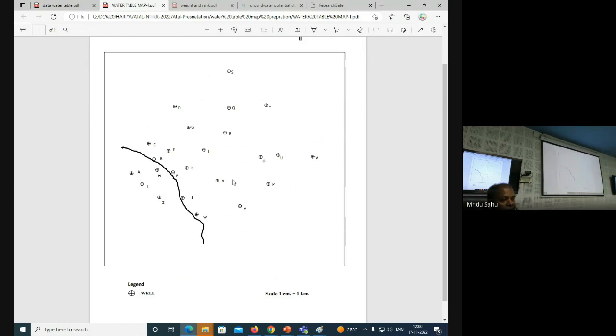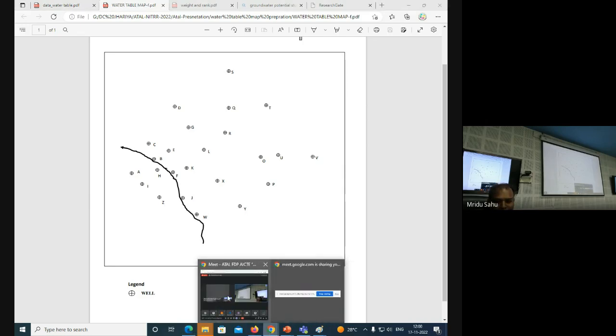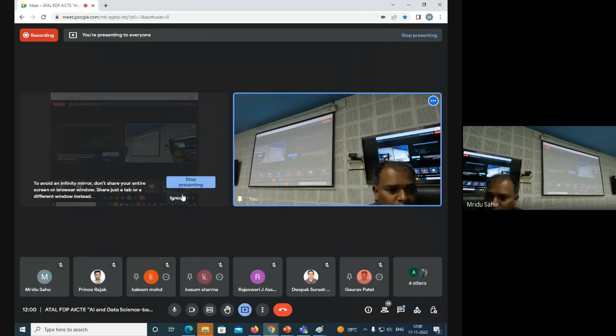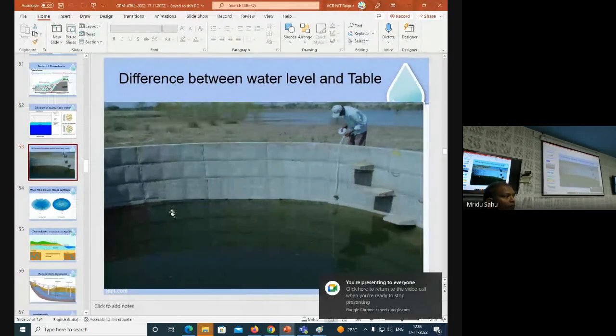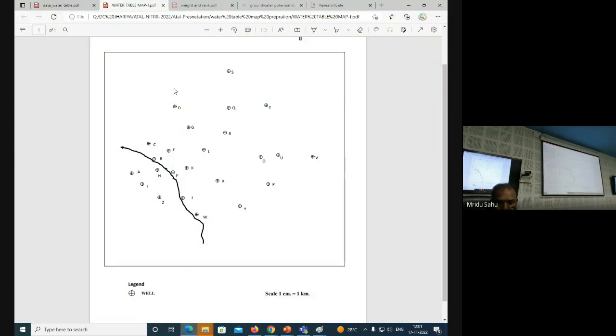All online participants are also requested to do this part. You have to transfer these values carefully.